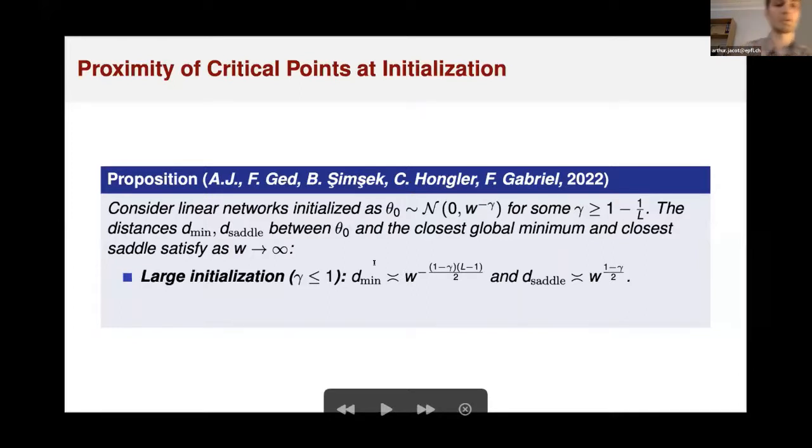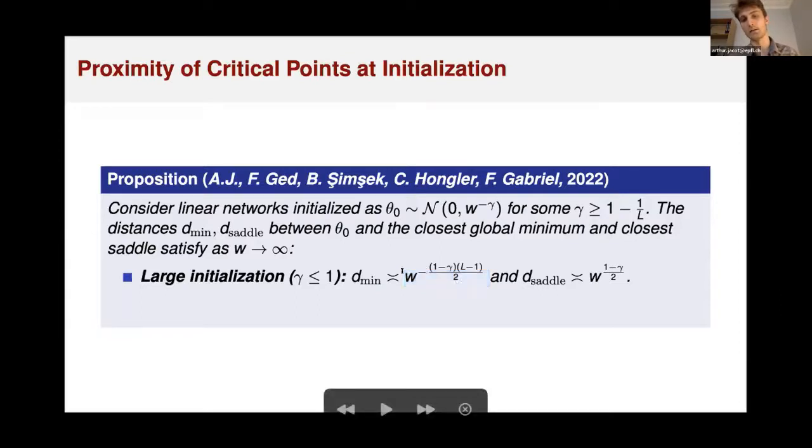So that's kind of all of the viable initialization. And the two quantities that we are interested in to try to understand whether we are in this global minimum dominated regime or saddle dominated regime is the distance between the initialization and the closest global minimum, d mean, and the distance d saddle between the initialization and the closest saddle. And what we observe is a phase transition where we have a large initialization where gamma is smaller than 1, where the distance to the closest global minimum goes to 0 as the width grows, because we obtain stochastic rates of this distance.